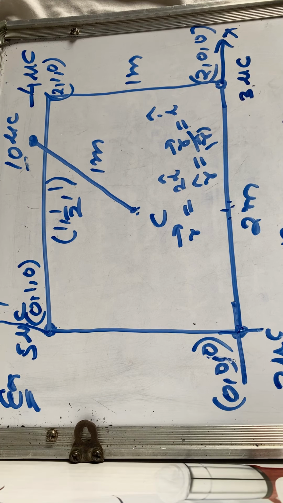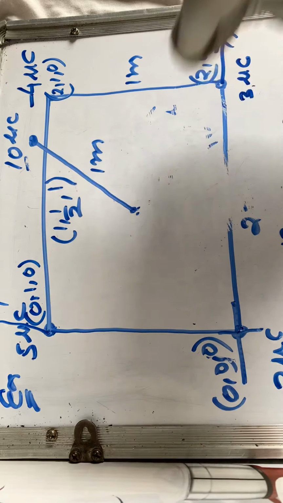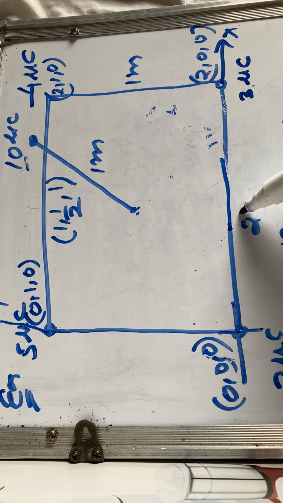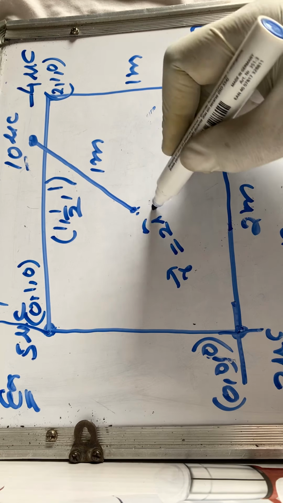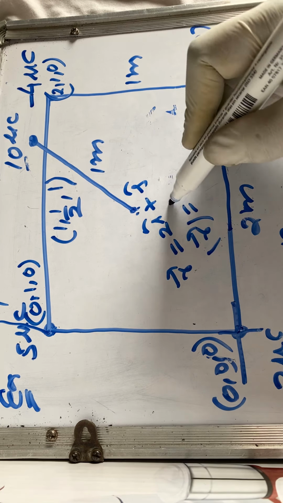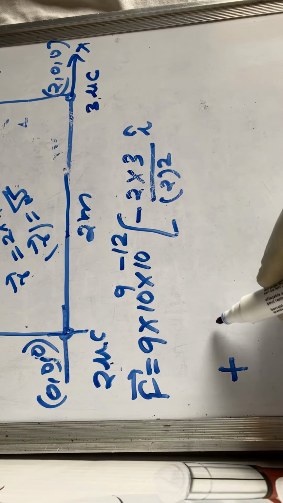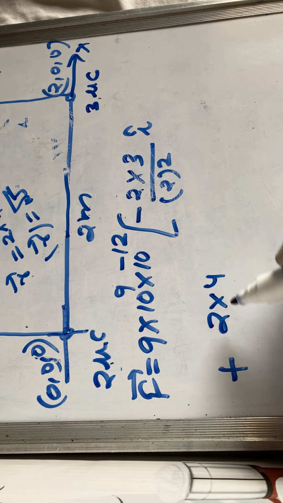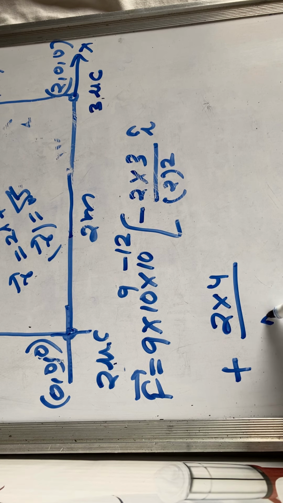So you can write this vector as 2 I cap plus j cap, whose magnitude would be root 5. So what will be the answer then? It's 2 into 4. I use a positive sign because the force is attractive, upon the magnitude, which is root 5 whole square.